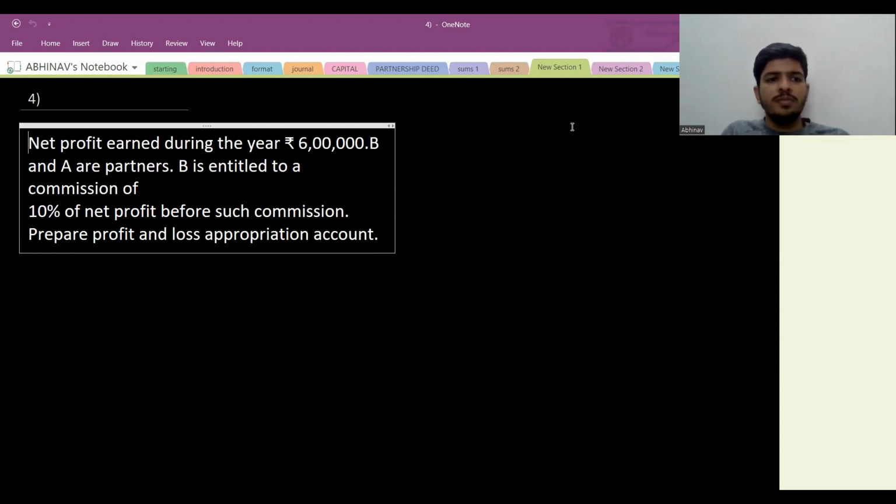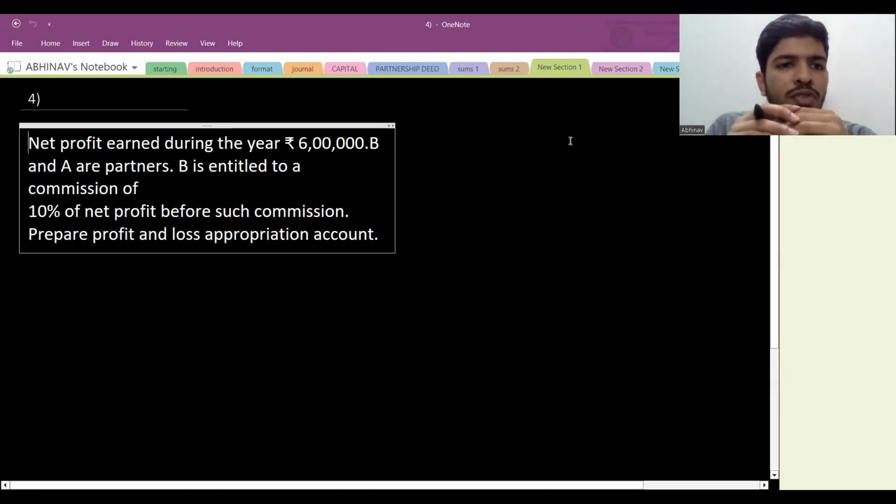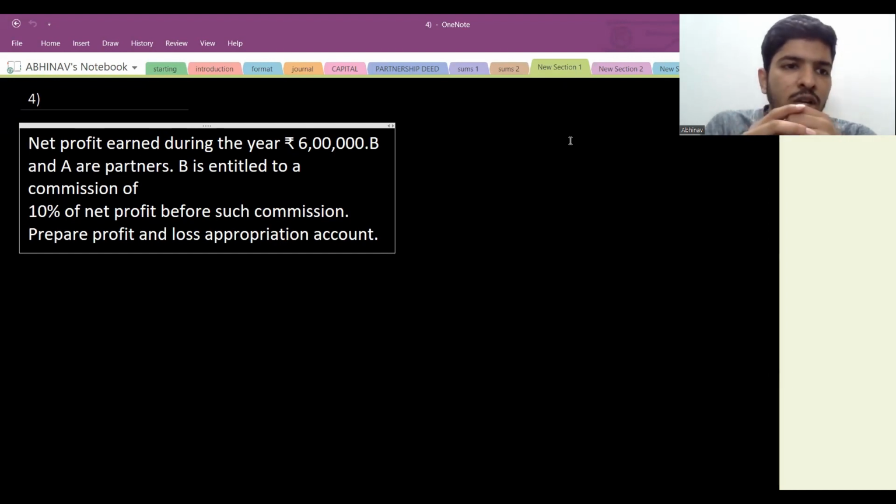Under this, question number 4 of your PDF. So here it is mentioned, net profit earned during the year is 6 lakh. B and A are partners. B is entitled to a commission of 10% on net profit before such commission. Prepare profit and loss appropriation account.